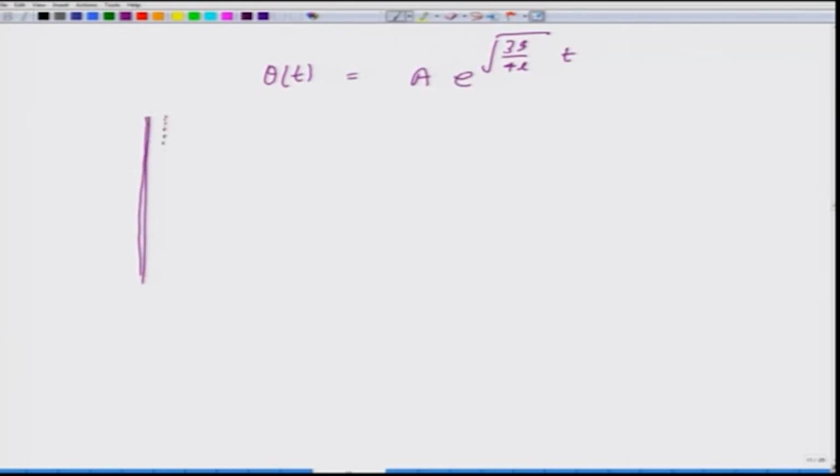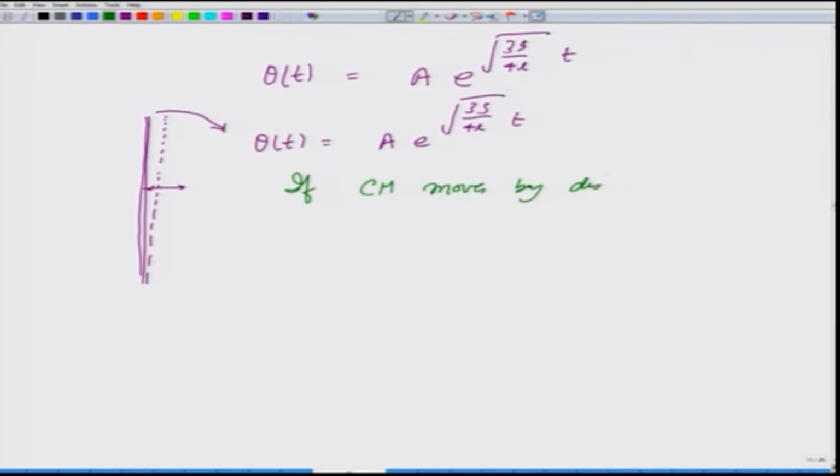It initially got displaced by a slight theta and now it is moving with theta(t) equals a e raised to square root of 3g over 4L t. Let us say now if the center of mass, if Cm moves by distance x Cm, that means if the center of mass has moved by distance x Cm with respect to the finger, the rod falls.